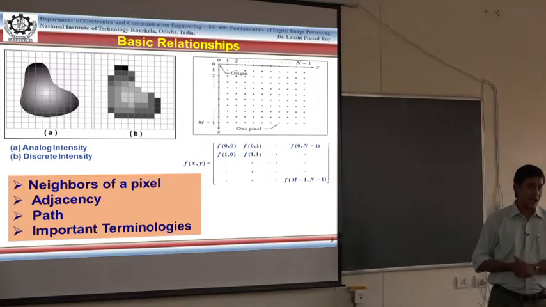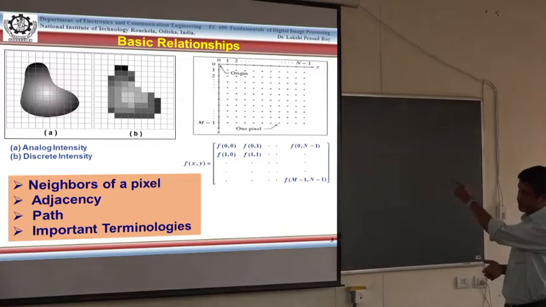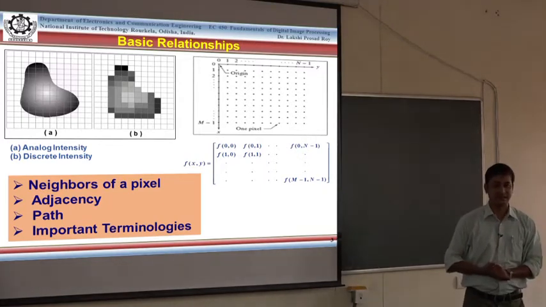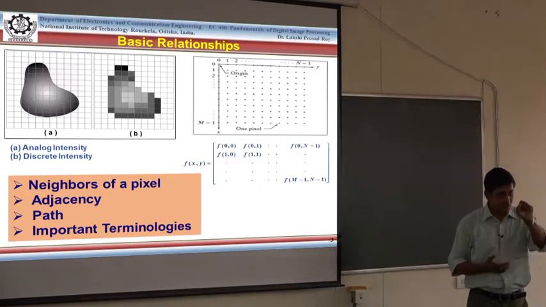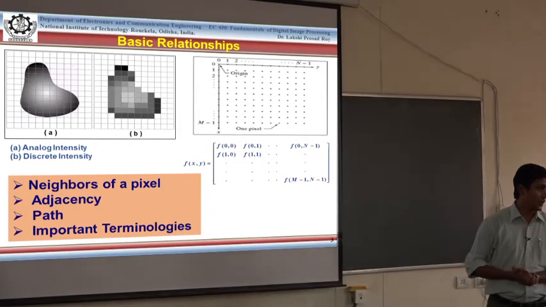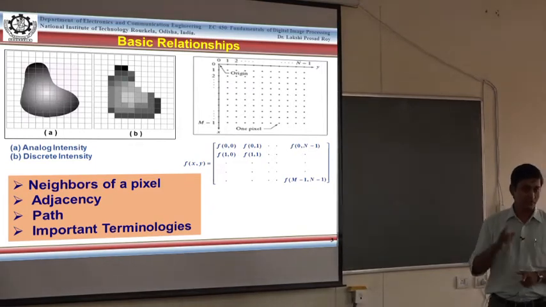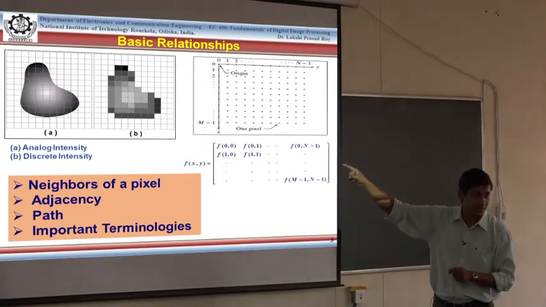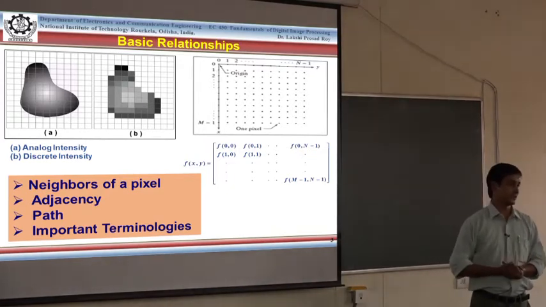Now I will ask you to notice each and every square there, where the center of it is considered a pixel of the image. So the number of pixels used for representing this image is equal to the number of square units given there.